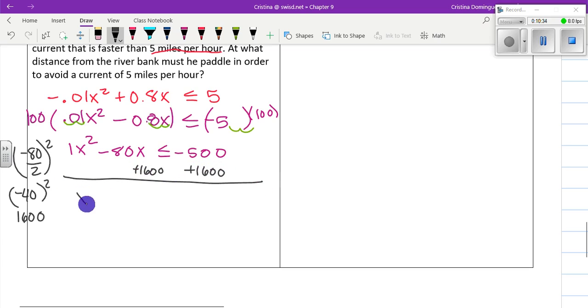I end up with x squared minus 80x plus 1600 less than or equal to 1100. I'm going to go over here and rewrite this as squared. So I just take half of negative 80.